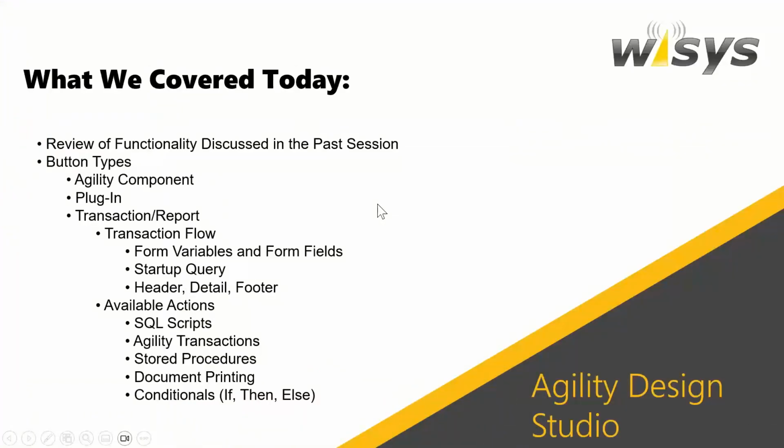So I just want to run back over, high level, everything we covered because it was a lot today. So we reviewed that functionality we discussed last time. Again, that was just the real simple stuff, printing and the hyperlink availability, the ability to click that hyperlink and open up a document in SAP. After we reviewed that, then we got into the actual details. We talked about all the different buttons.